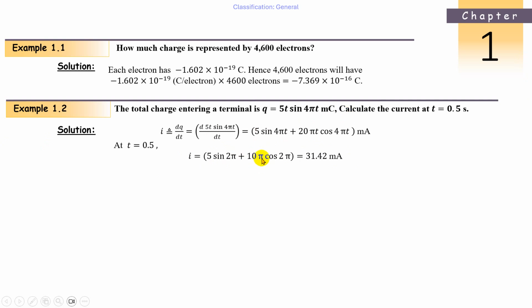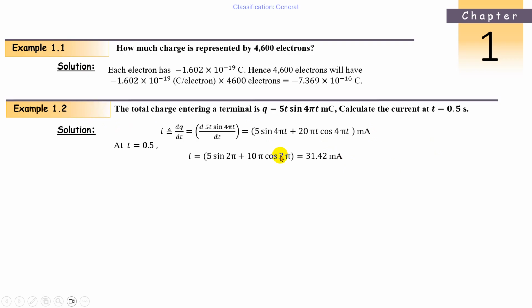Here, what should pi be? Outside the sine, pi should be 3.142. Inside the sine, you have to take degrees. So sin 2 into 180 degrees, pi is 180 degrees, so sin 360, which is nothing but sin 0 degrees, which is 0.